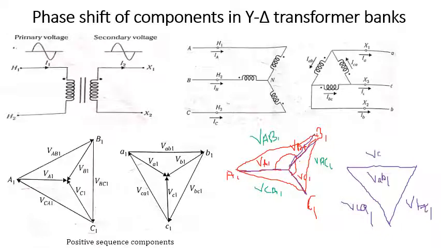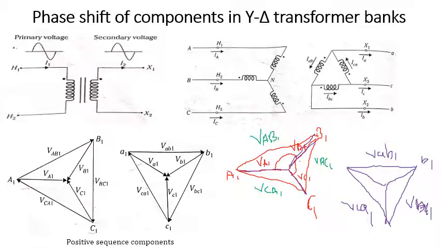Once again I am writing at this point, this is VAB1. So simply draw a star connected network inside this figure. What is the common terminal between these two? This is VBC1 and this is VAB1, so this will become VB1.